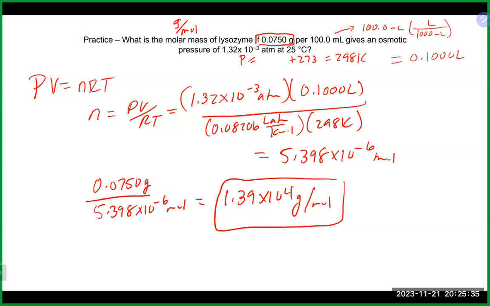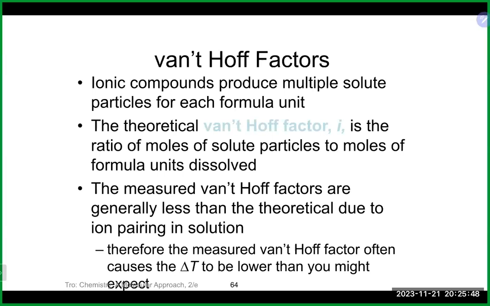So if you're comparing solutions and want to know which one should have the greater osmotic pressure, it is based on the number of particles in that solution, and that would definitely be the one with the greater osmotic pressure. So up until this point, when we're doing our boiling point elevation, freezing point depression, and vapor pressure lowering, we only dealt with one type of solute, like glycerin and antifreeze and all that.